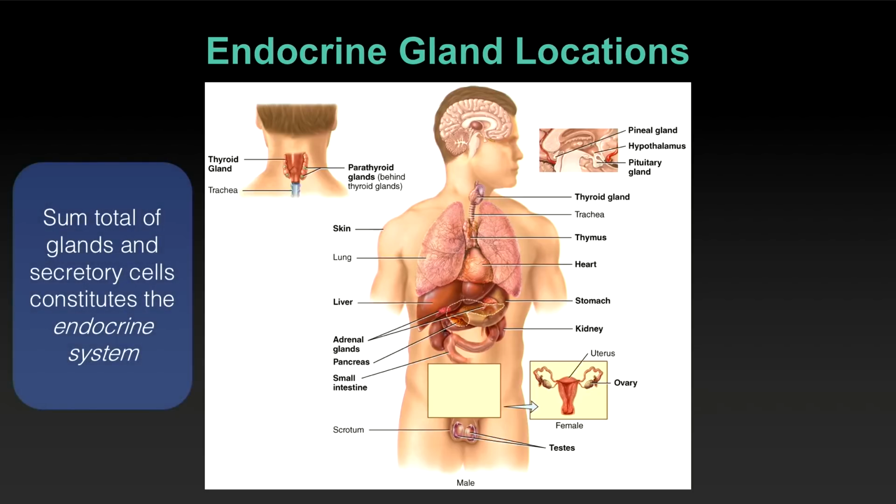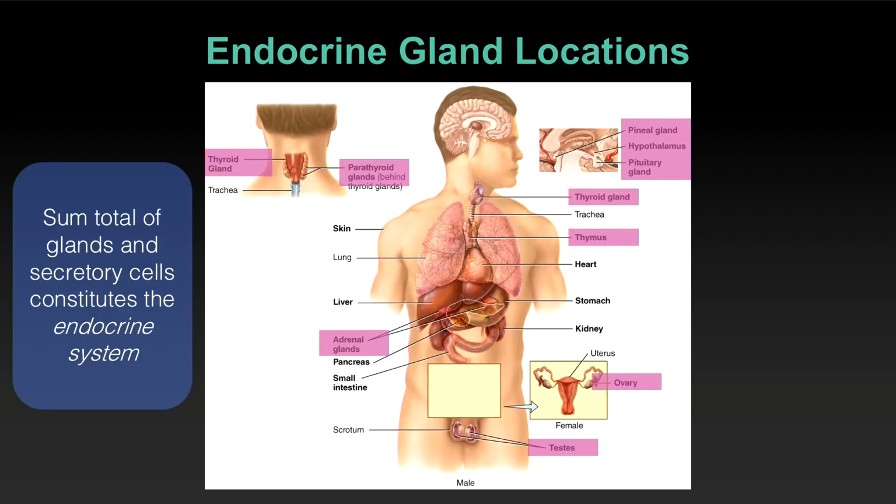The sum total of all of these secretory cells and glands I consider the endocrine system. And notice they are widespread. There's a widespread network of cells with endocrine function, which might provide redundancy or might provide layers of control. But look at how widespread these glands are.